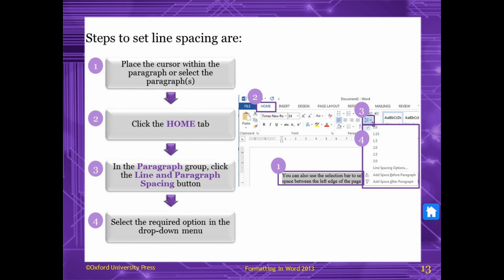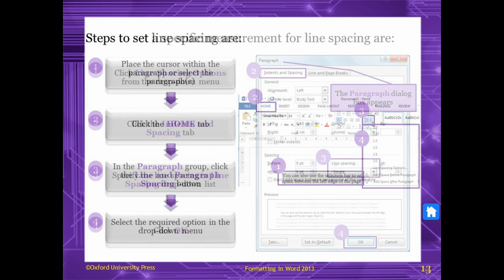Now, how can we specify or change the line spacing between the lines? This is the procedure. First of all, click on the Home tab. In the Home tab, click on the Line and Paragraph Spacing button from the Paragraph group of commands and select the required option in the drop-down menu.